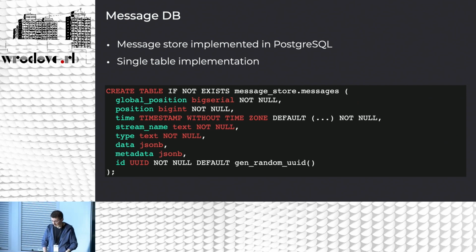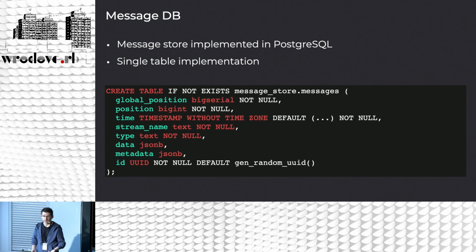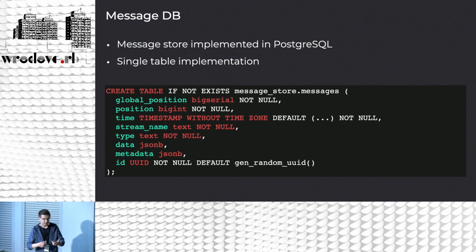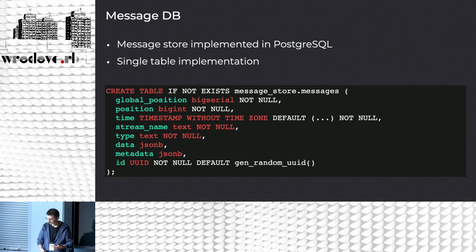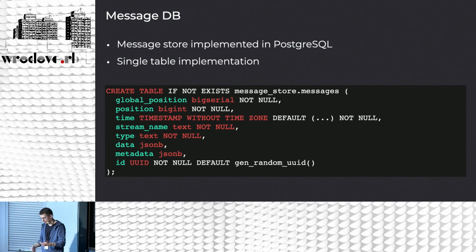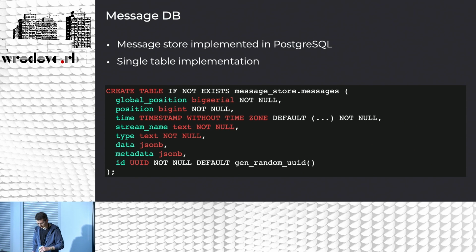Global position is a sequence number of a message. We start from 0 and go to a gazillion. Position is, again, a sequence, but within a single stream. Time, when it happened. Stream name, we've gone over that. Type, that would be the class of a message, for example add line item or line item edit.